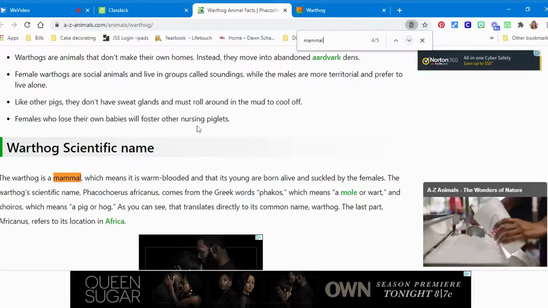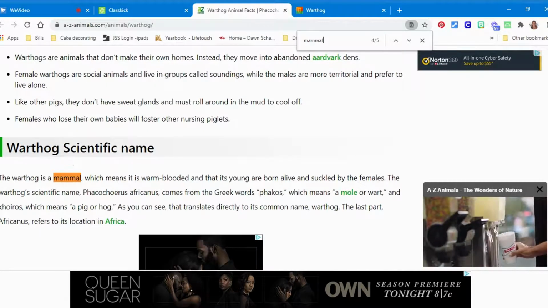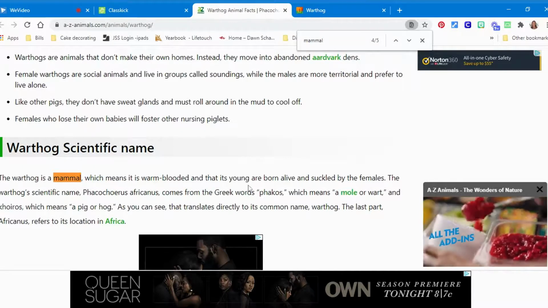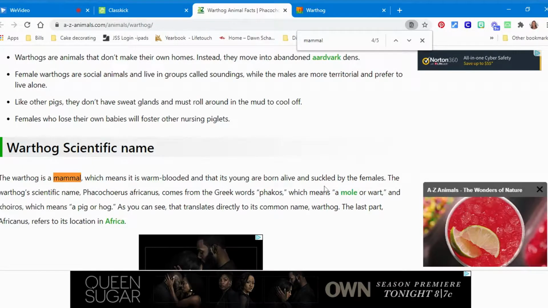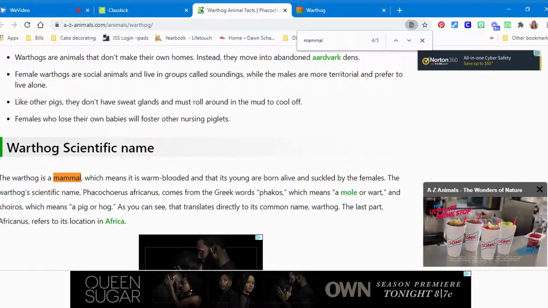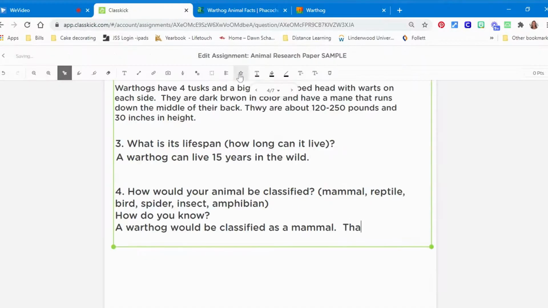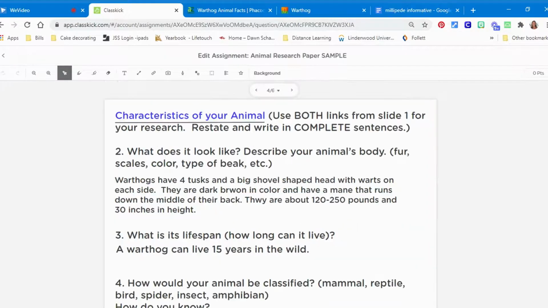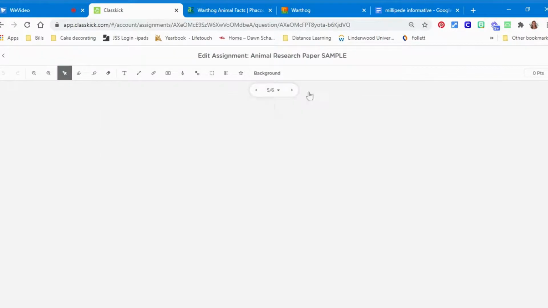But now it says down here under warthog scientific name, the warthog is a mammal, which means it's warm-blooded and that its young are born alive and suckled by the females. So that's what I want to add in. So I'm back to slide 4, number 4, and I'm going to put that means that it's warm-blooded and the babies are born alive.